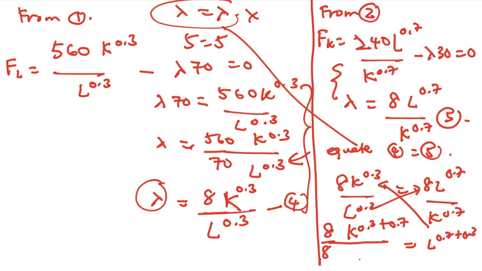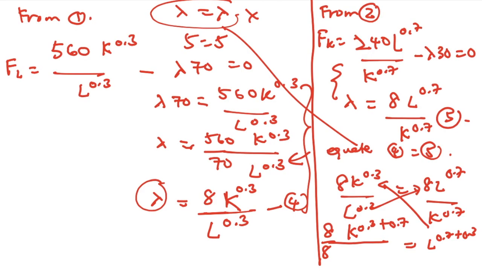You get me? Here, 8 and 8, you cancel. K^0.3 plus 0.7 becomes K to the power of 1. Same goes to L. So as a consequence, K is equivalent to L. I call this one equation 6.